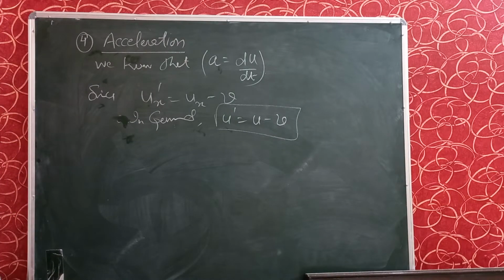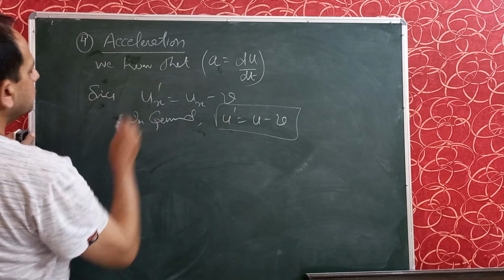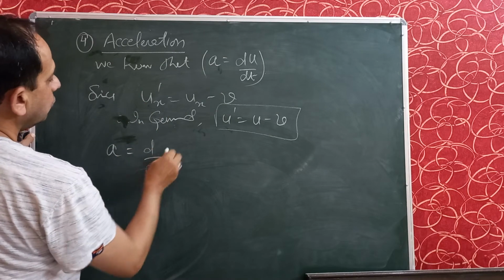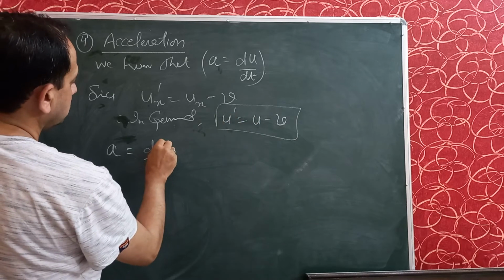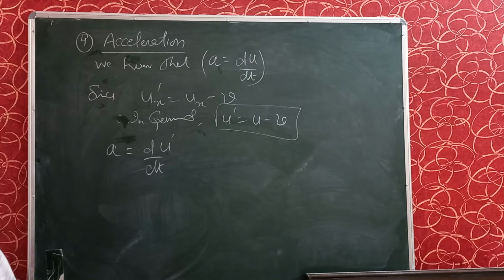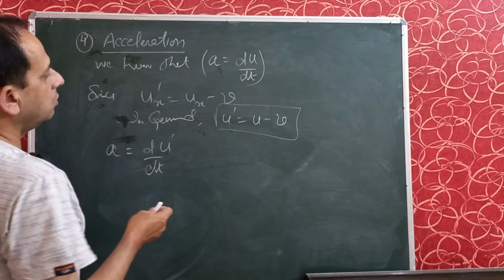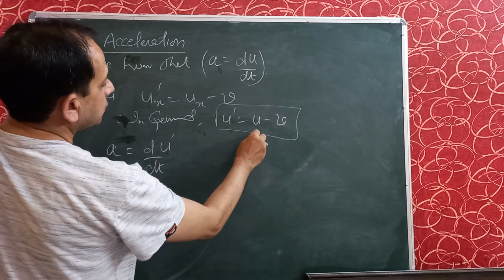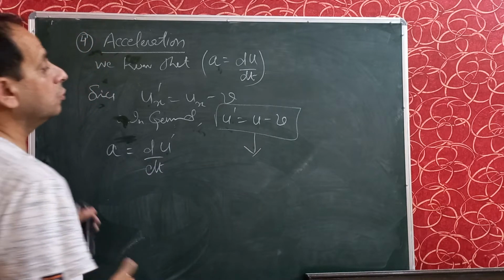So this is the equation. And what is acceleration? Acceleration is the rate of change of velocity, u dash. Now we will find the acceleration by taking the derivative of this equation on both sides.